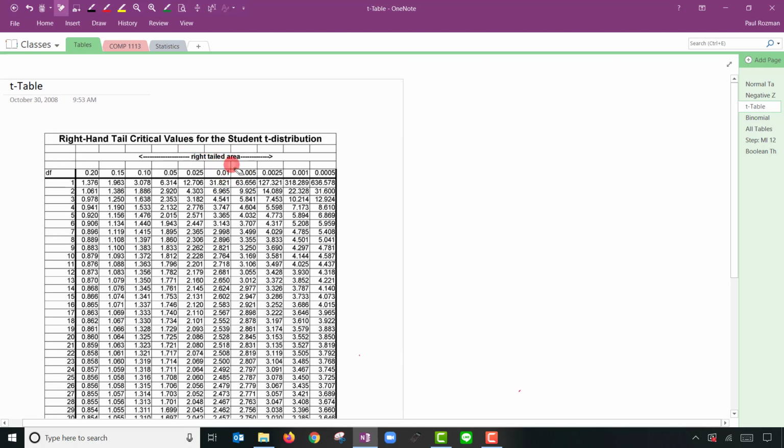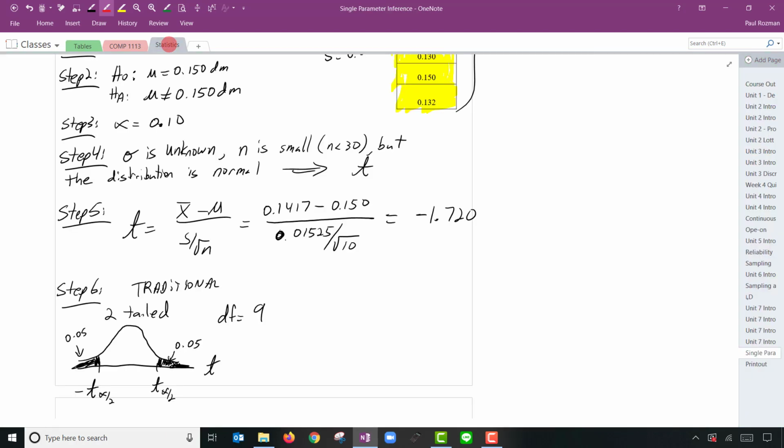The t-table gives area to the right, so we might as well go for the right-tailed here. We have n is equal to 10, so we're in row 9. And we're looking for 5%. Remember, alpha was 10%, so we want half of that. So our critical value is negative 1.833 and positive 1.833.